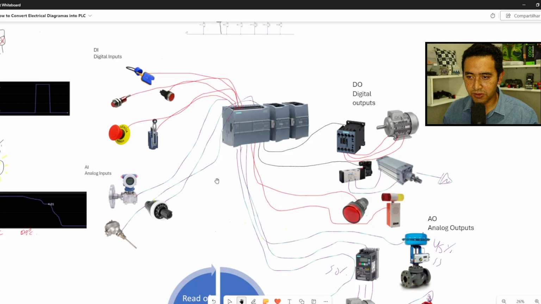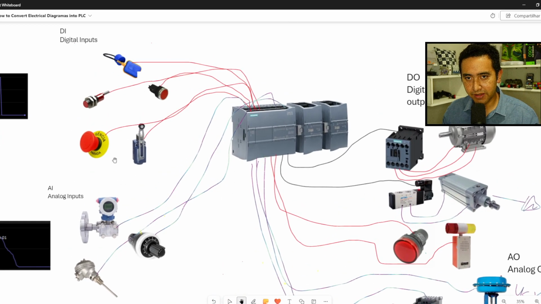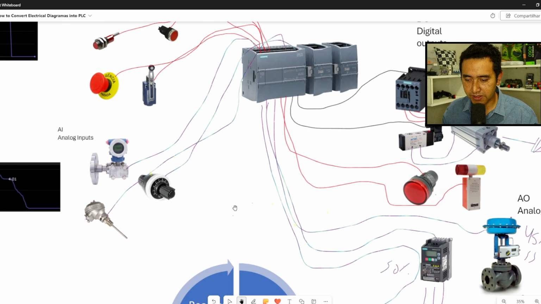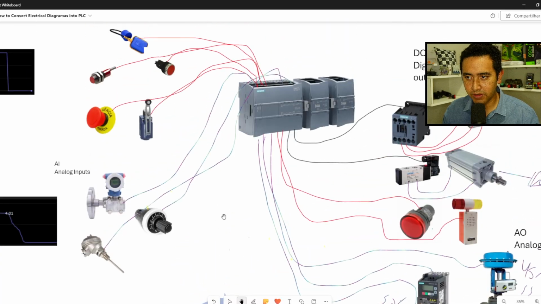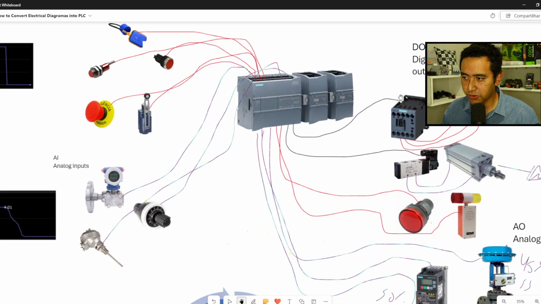Then it's easier to view. All of these inputs come here. Then my PLC processes this information in the program, uses this information in the program and writes outputs, then controls something in the field or signaling or anything. Then this is a way to understand how a PLC works.